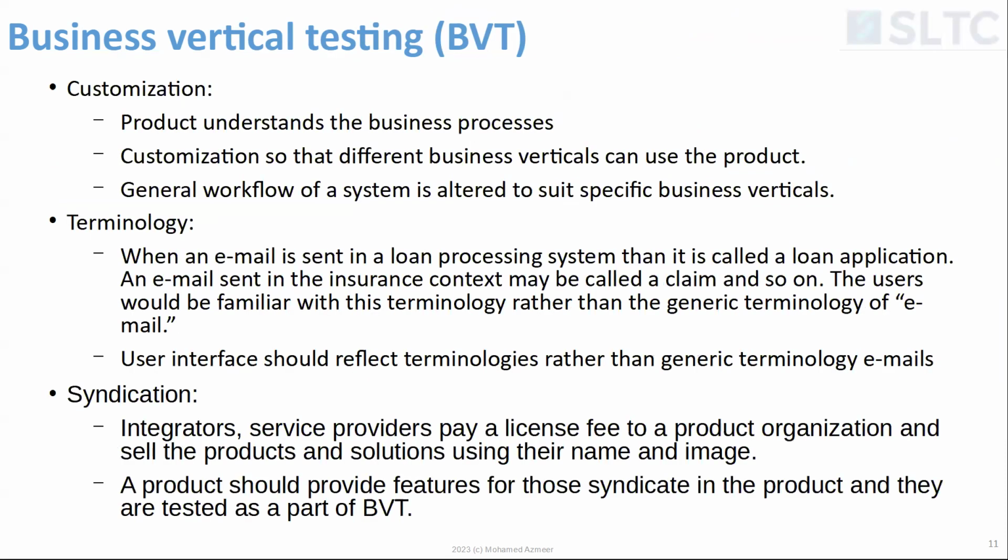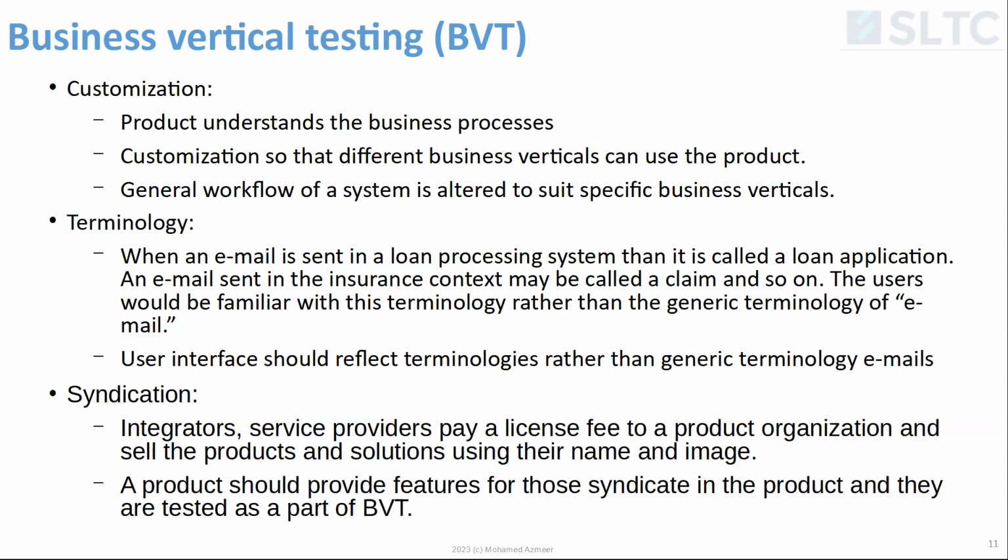So under BVT, there are three things we need to understand. Number one is customization. Number two is terminology. Number three is syndication. So all three are equally important, right? So what is customization? Customization is that we essentially customize the software with the domain or with the vertical.